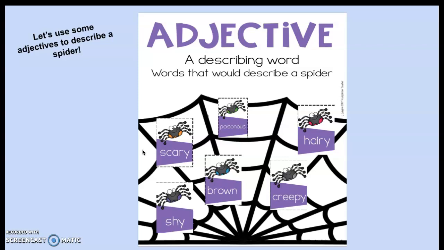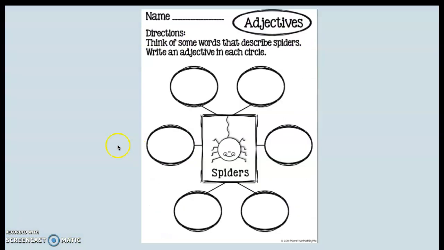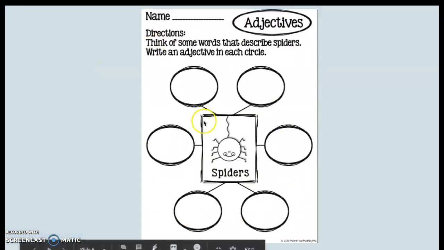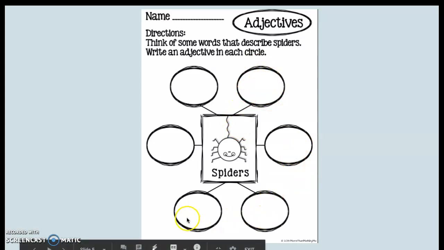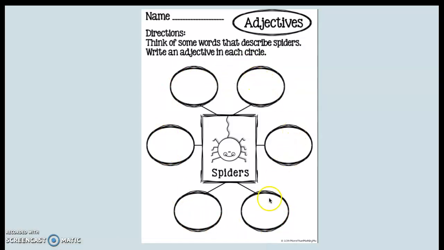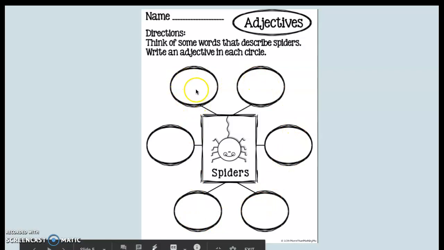So today for your assignment, what I want you to do is you are going to create your own adjective map. So here's our spider right here. Think of some words that you can use to describe a spider. You're going to put adjectives that you can use to describe spiders, and you're going to write or type each adjective inside of these circles, okay?